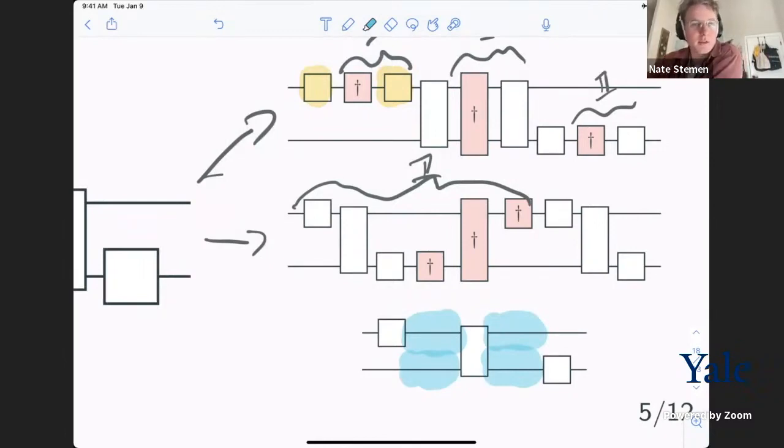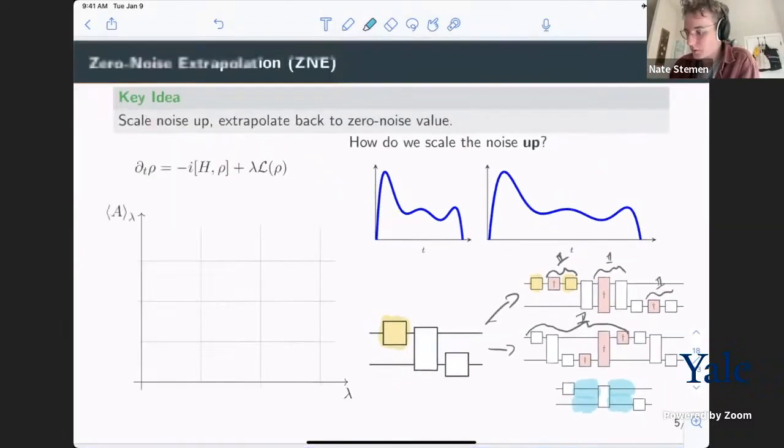And like I said before, qubits that are sitting idle often fall apart. And so this is another good way to lengthen the duration of your computation, and you're still able to add noise to your system, even if you're not actually doing any more operations. So those are the three main methods to scale up noise that we use, at least in Mitiq.